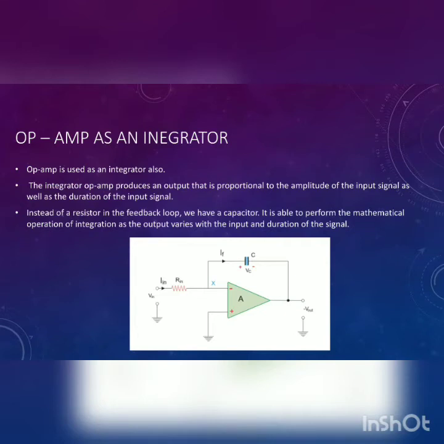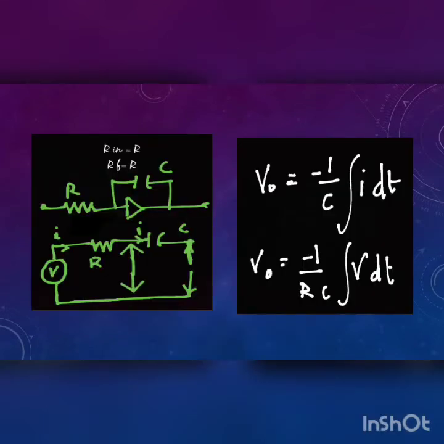That is, the input impedance is equal to R and the feedback impedance is equal to C. By looking at the diagram, we can see the formula.